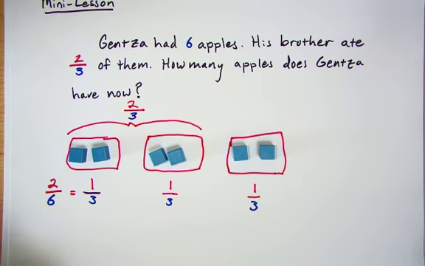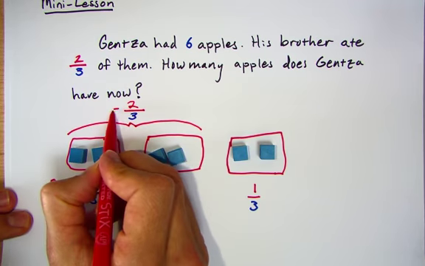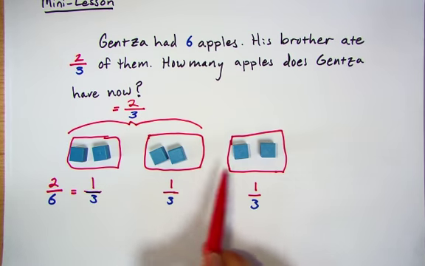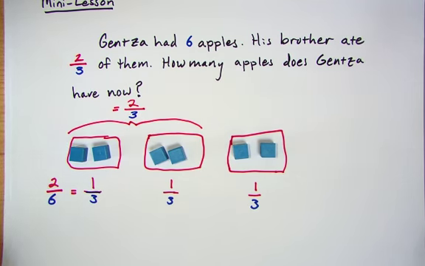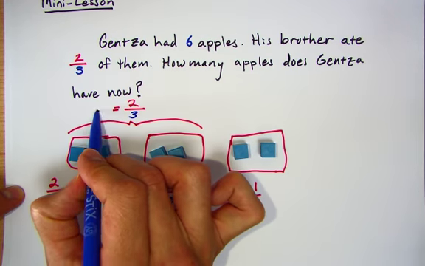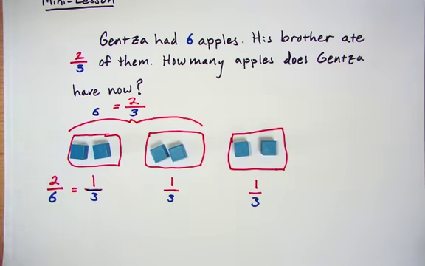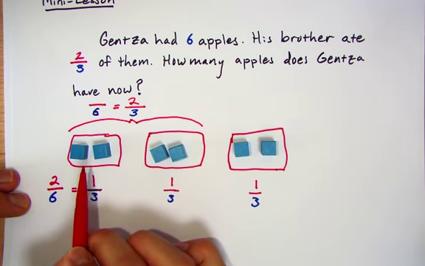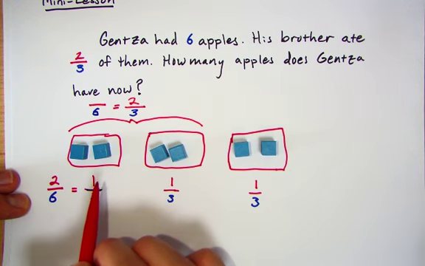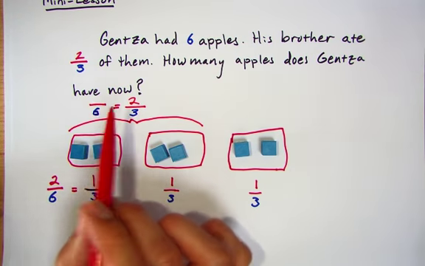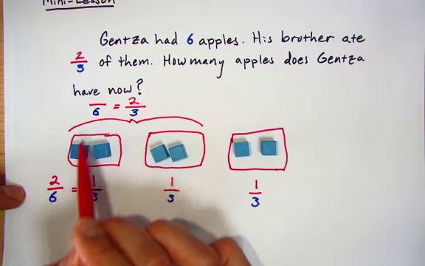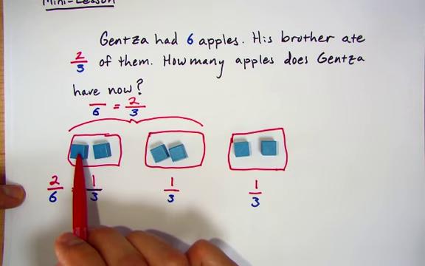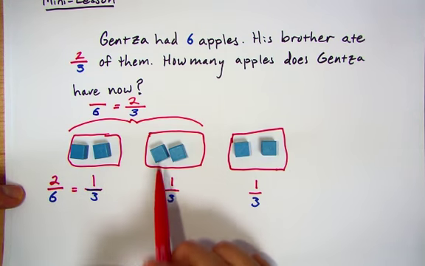What is an equivalent fraction to 2/3? Let me write that right here. You should be able to get it if you make the denominator 6. What is the equivalent fraction to 2/3? I can see it right here. There's 3 equal groups, but let me think about the equal parts now. 6 equal parts. 2 right here, 2 right here.